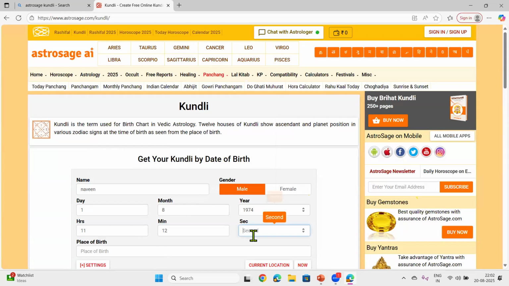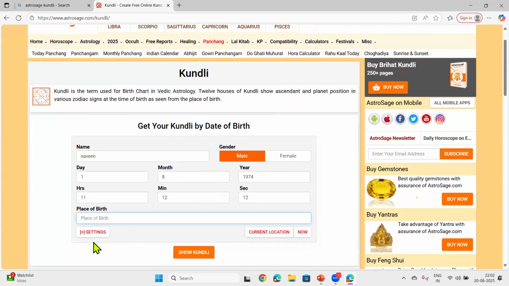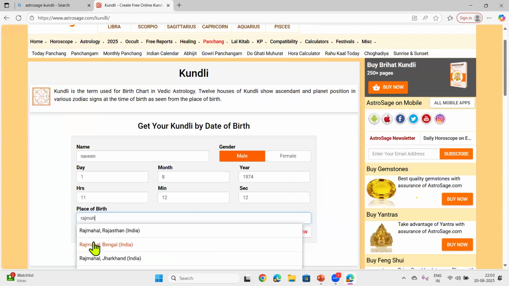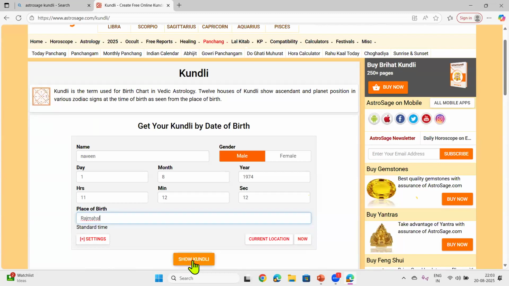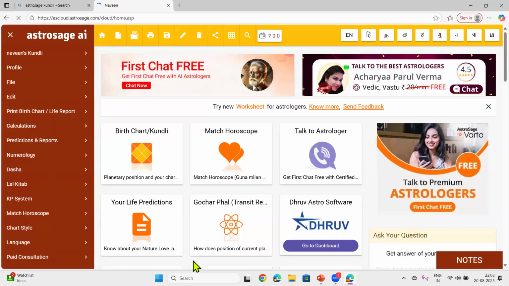So see, the second is also very important and we have to correct the time according to that. And what is the place of birth? Rajmahal, Jharkhand. Yes, sir, this is the Kundli.